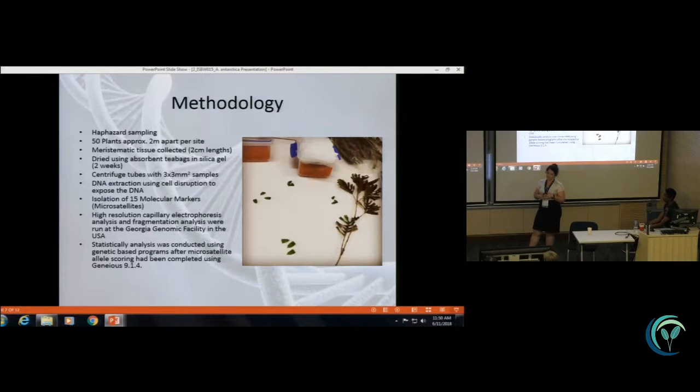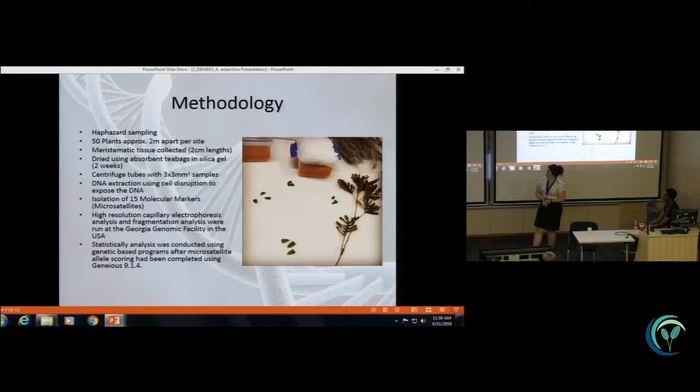They were approximately 2 metres apart, and from this point I took them back to my lab, extracted the meristematic tissue from each of them, and then I dried them using absorbent tea bags with silica gel for a period of 2 weeks. From this point, they were then further dissected down to 3mm by 3mm samples and put in centrifuge jars, where they were then sent off to the University of Adelaide, where they underwent DNA extraction.